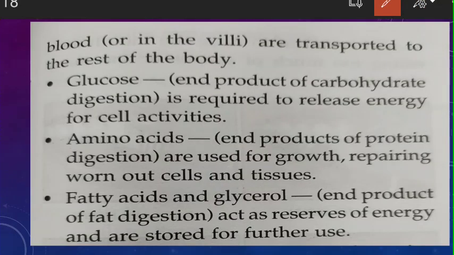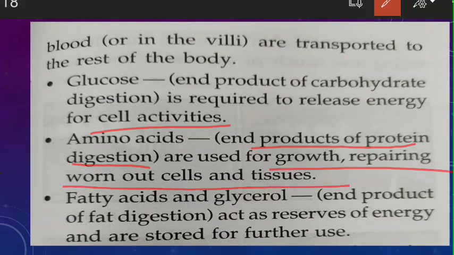Glucose is required to release energy for cell activities. Amino acids, the products of what? Protein digestion, are used for growth and repairing worn out tissues. And fatty acids and glycerol, the products of what? Fat digestion, act as reserves of energy and are stored for further use.